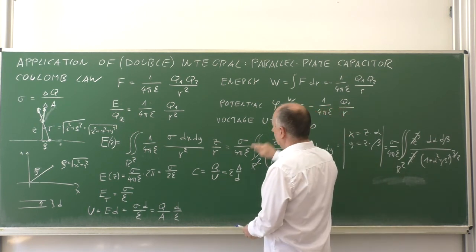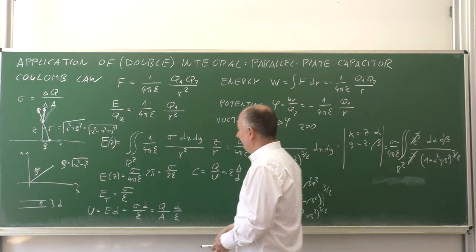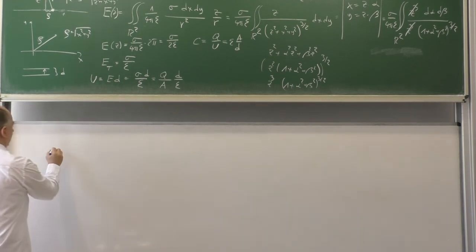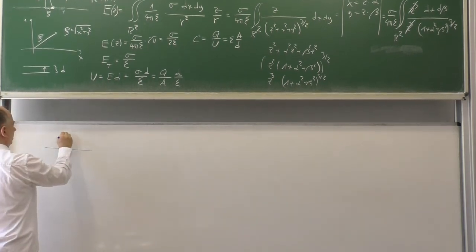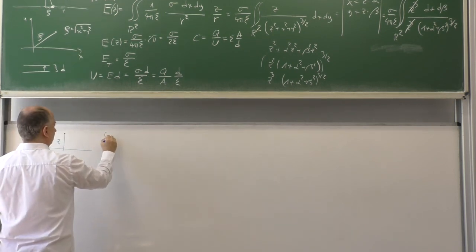So let's compute the same result, potential and intensity, using phi. So once again, here's the plate, here's the point in distance z, and we want to compute phi.